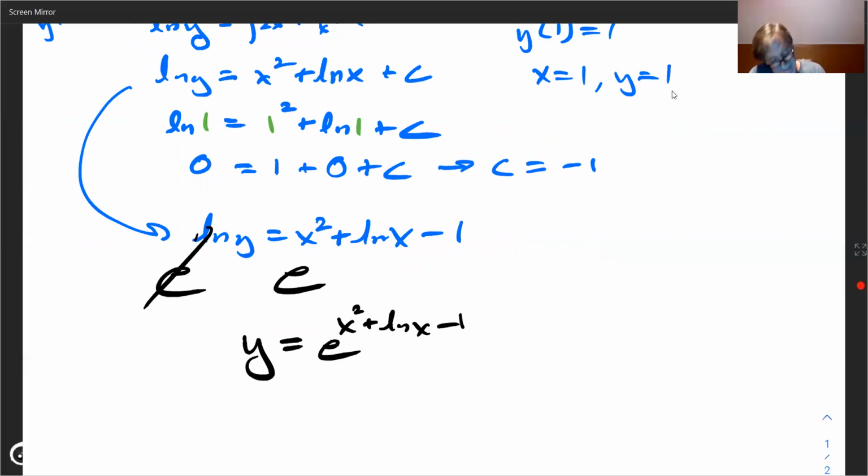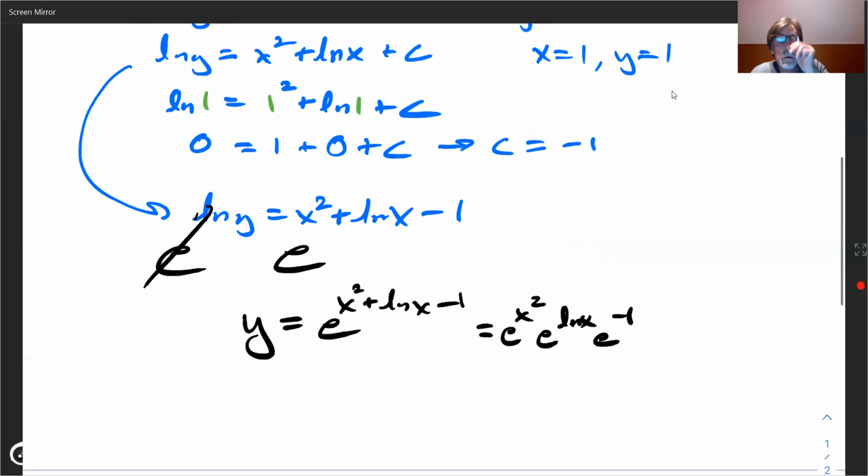But I like to clean it up sometimes. So what I've got is e to the x squared, e to the natural log of x, e to the -1, because of the power rules. Pause and think about it. And so my answer looks a little bit cooler, because e to the natural log of x is just x. So I'm getting x e to the x squared, take away 1.